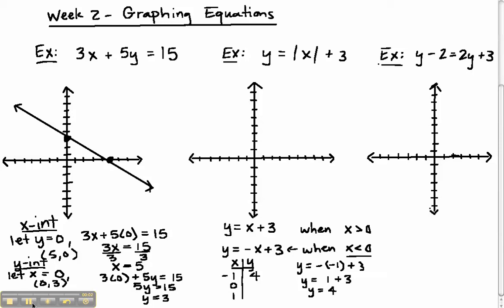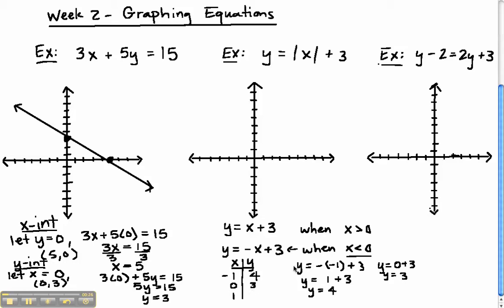Continuing with example 2, we are trying to graph the absolute value equation. So far we've said that when x equals -1, y is equal to 4. Next, when x equals 0, y is equal to 3.